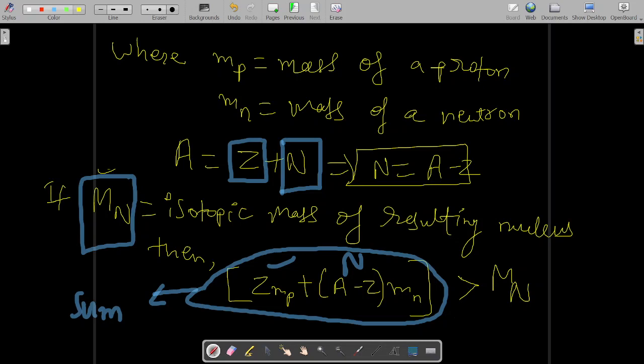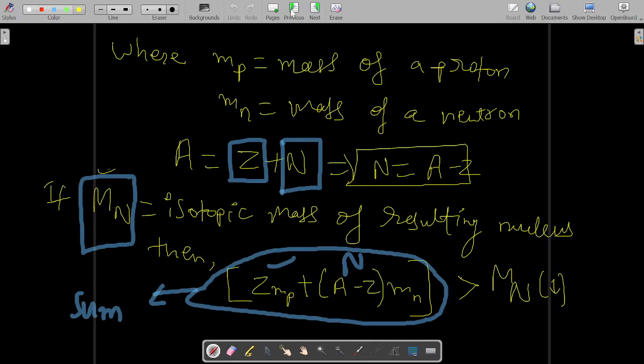And this slight reduction in mass, some of the mass was converted into energy by the formula E is equal to mc square. So the decrease in mass can be written like this.